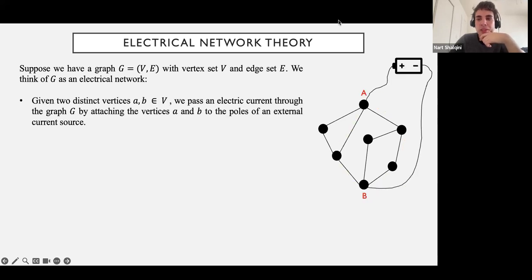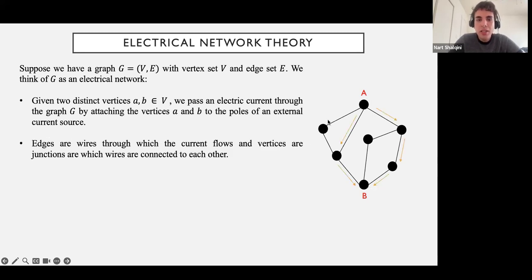So I pick two distinct vertices A and B, and I connect them to some external power source. In this case, you can think of it as a battery, and this introduces electric current to the graph. And then I can ignore this power source, and I can think of edges as wires through which the current flows, and I can think of vertices as junctions where wires are connected to each other.